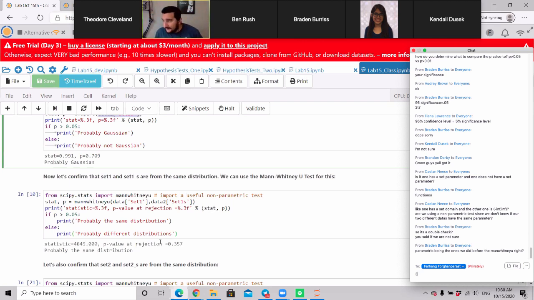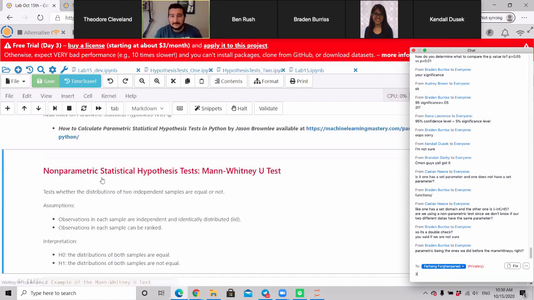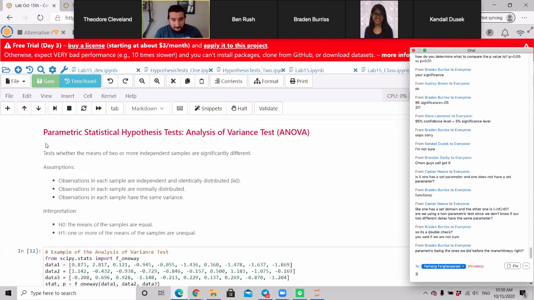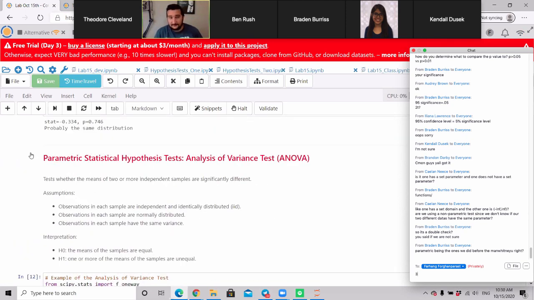Parametric being the ones we did before the Mann-Whitney, right? Actually, if you look at the lecture's notebook, it's always written on top. One of the parametric tests that you worked on during the lecture was ANOVA, analysis of variance test.